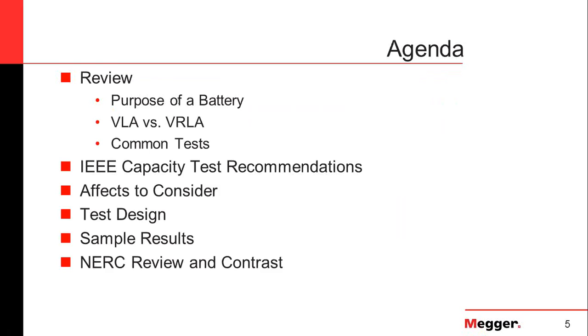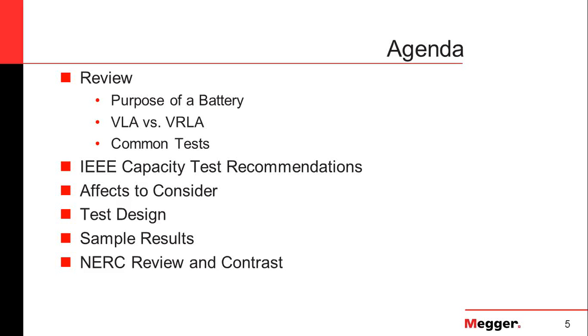Okay, so our agenda for today, the first thing we're going to do is a brief review of the purpose of a battery. The two technologies that we're going to be discussing are the VLA, or vented lead acid, and the valve regulated lead acid batteries, which are the majority of the batteries out there, and the common tests that are performed on batteries.